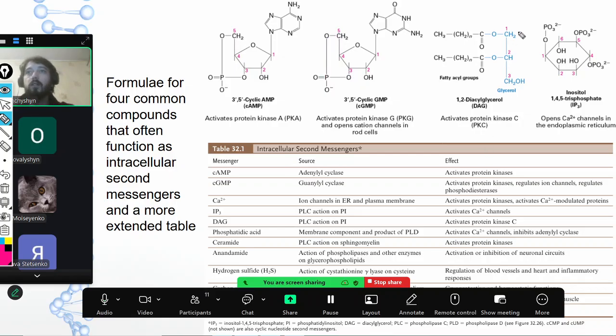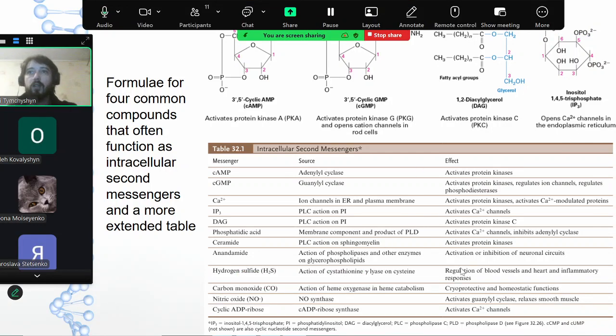And diacylglycerol, here you see how it looks. You have glycerol and 2 fatty acyl groups connected. And here is inositol 1,4,5-triphosphate. Here is a ring with OHs, that's inositol, an alcohol, and here are phosphate groups connected to that ring, so that's why triphosphate, because we have 3 phosphates connected there.